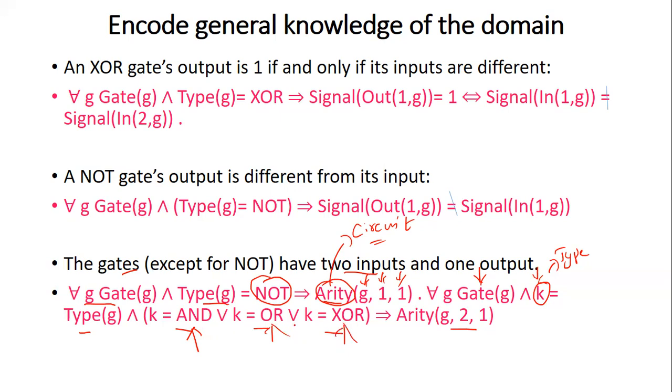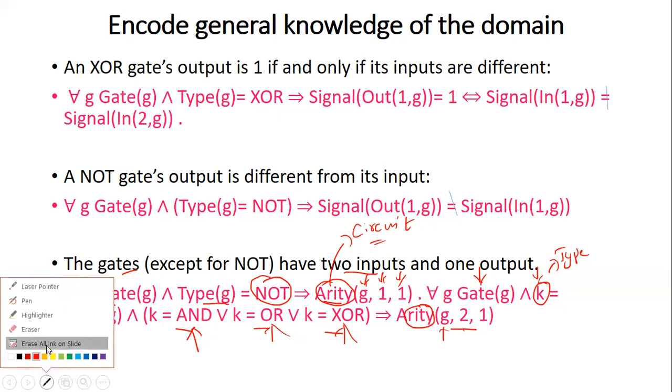If the type is AND, OR or XOR, then the circuit for those gates will have two inputs and one output. So that's what this statement says.